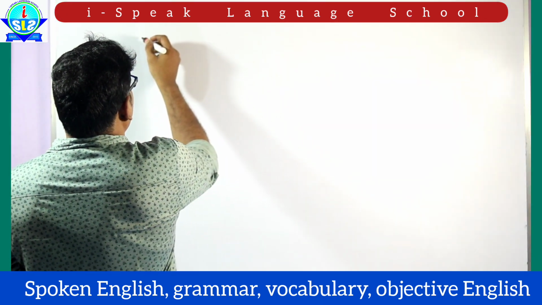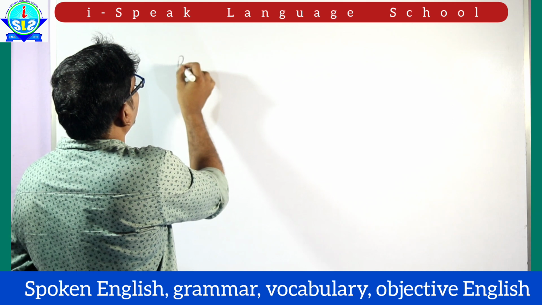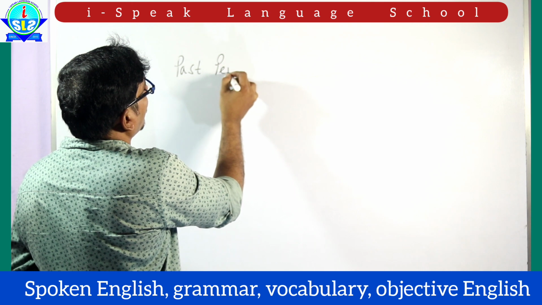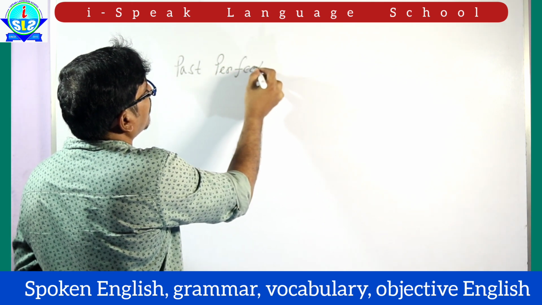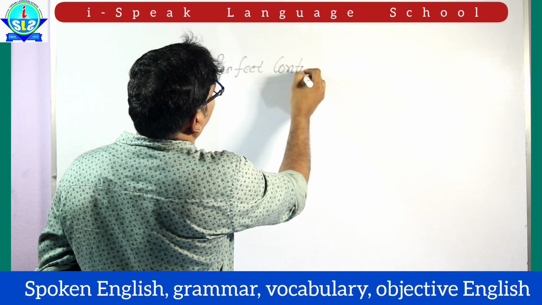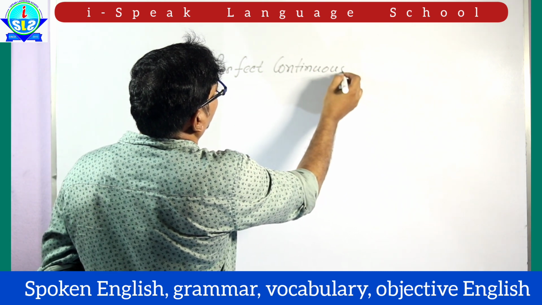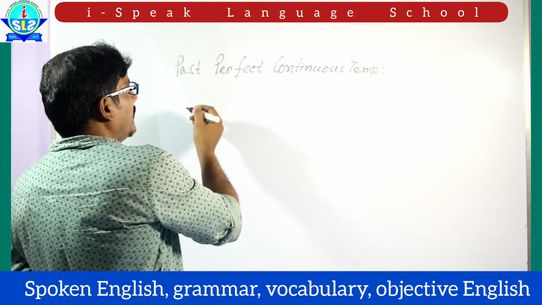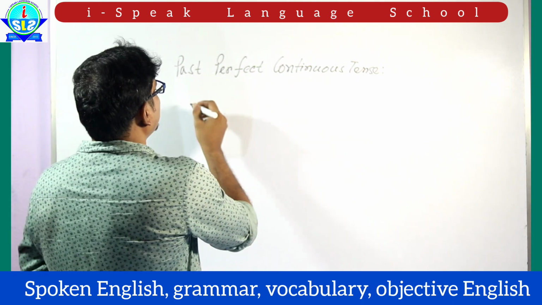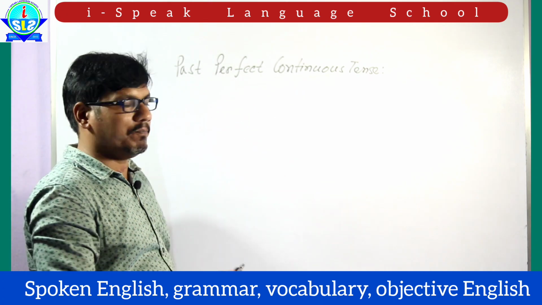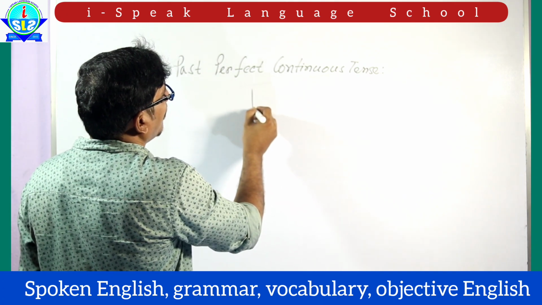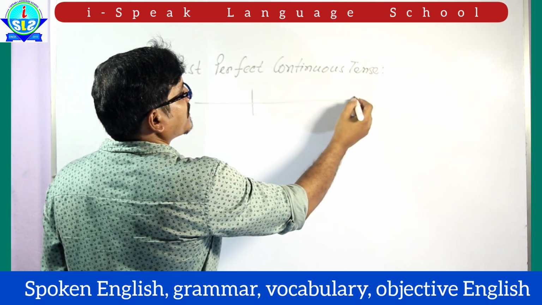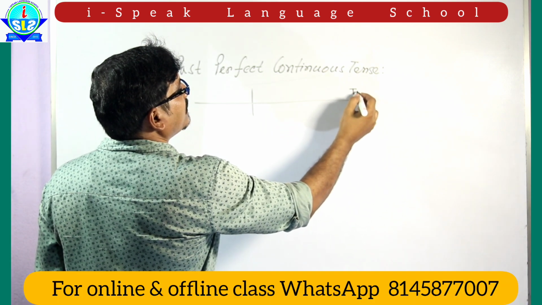Now, let us discuss past perfect continuous tense. It happened in the past. You see, this is a timeline. Try to understand. This is T0 time.